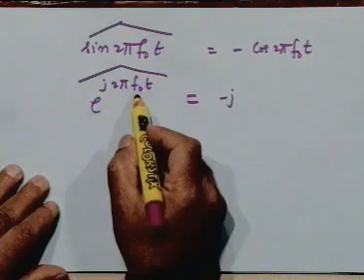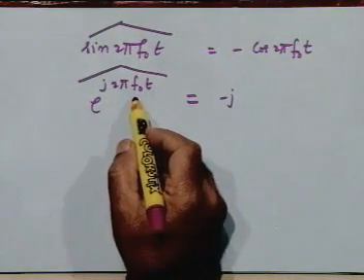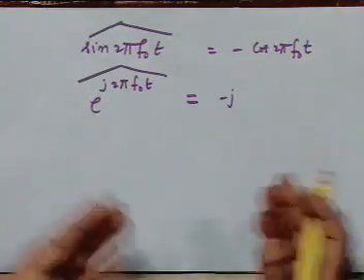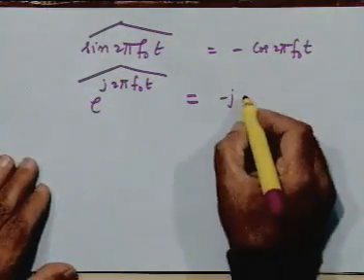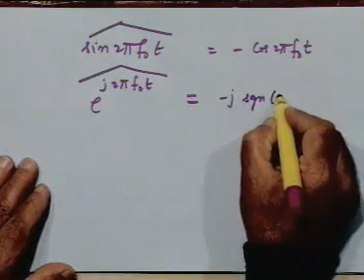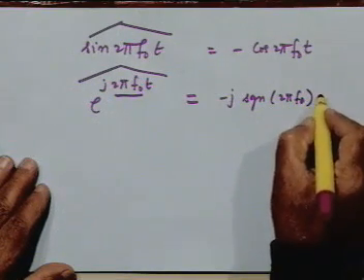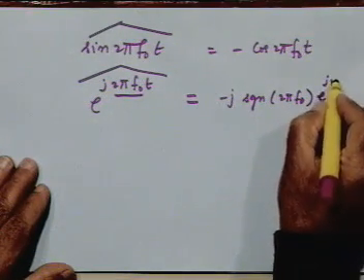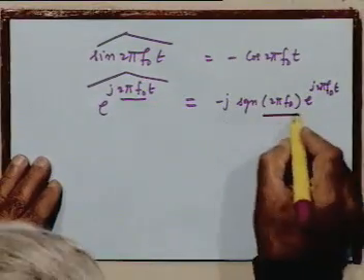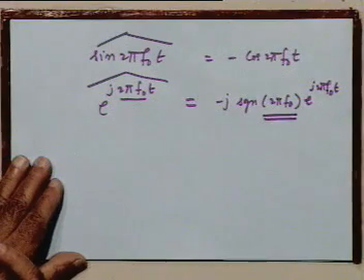If we are assuming that f naught here is positive, it is minus j, but suppose f naught is negative, then it will be plus j. So it is minus j into signum of whatever is this parameter here, into e to the power j 2 pi f naught t. Please convince yourself that this is correct. You have to take into account the sign of this exponent.